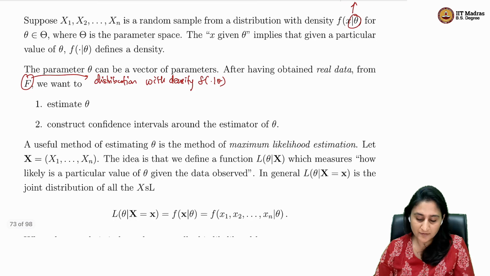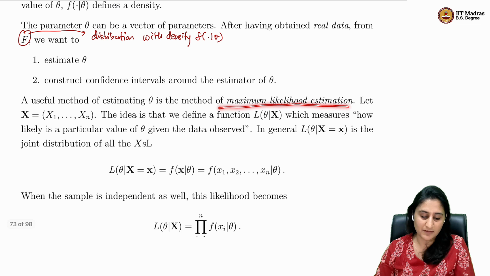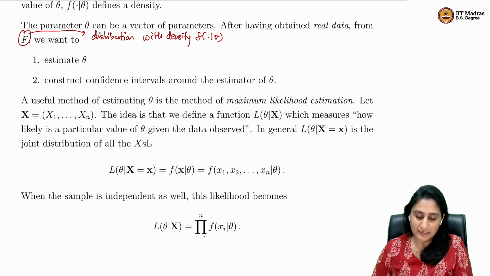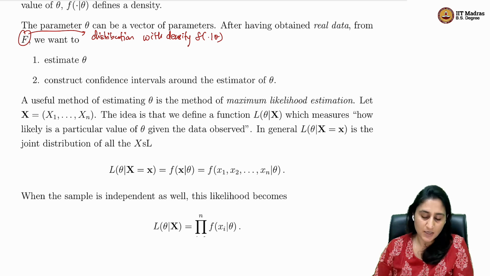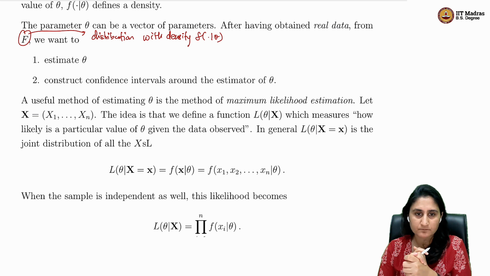And a useful, in fact, a go-to method of doing this is the maximum likelihood estimation method. So let's take a quick look now at what MLE, or maximum likelihood estimation, is. So let bold X be the vector x1 up to xn. So bold X represents all of our data, right?